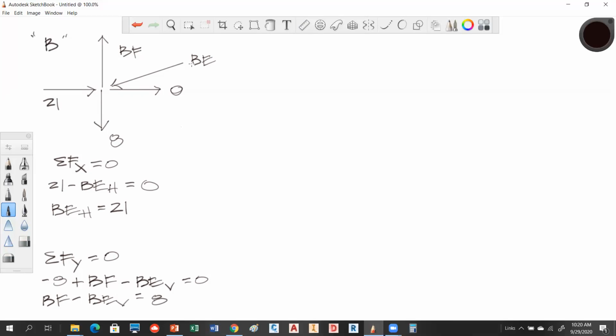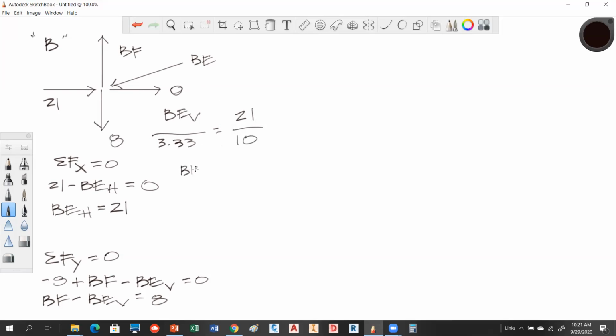We can get the geometric relationship on this one. This has a distance of 3.33 in the vertical over a run of 10. So we know the horizontal is to 10, so we can say that BE vert is to the distance over which it's acting, which we said was 3.33 when we solved that earlier, as 21 is to the horizontal, 10.